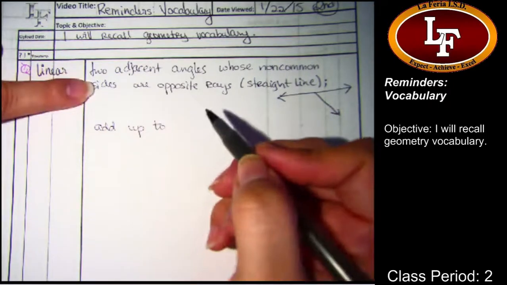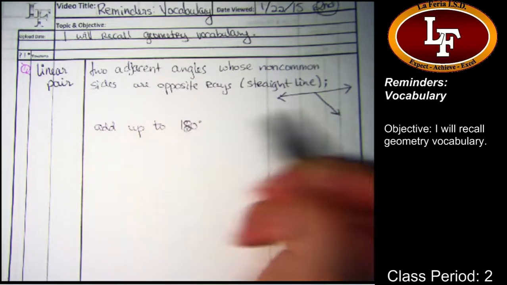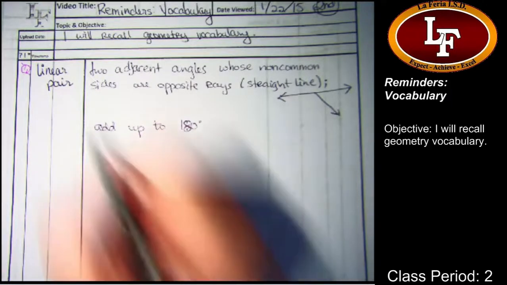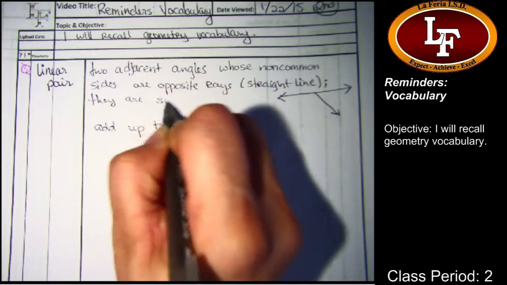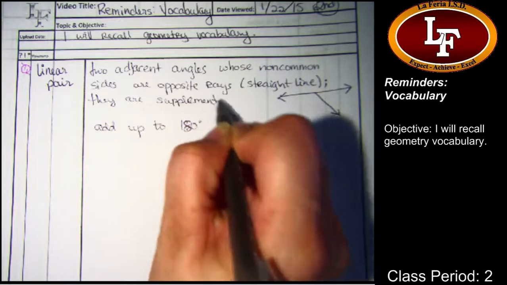Please leave a little bit of space. What's it called when angles add up to 180 degrees? There's a special word for it. Do you remember the word? Supplementary. So linear pair are supplementary.